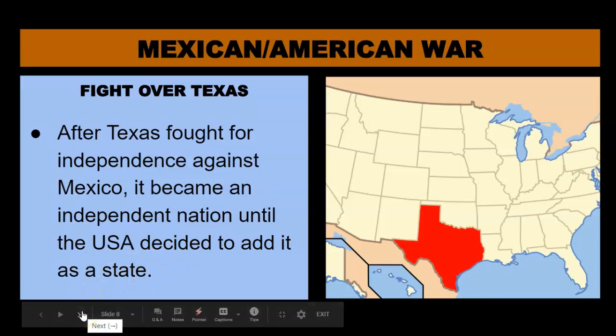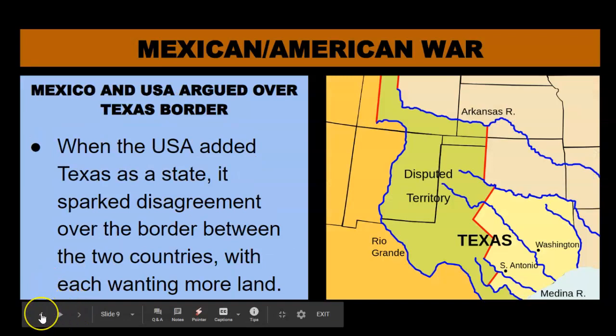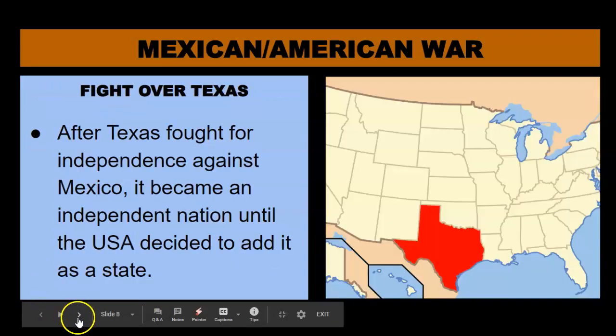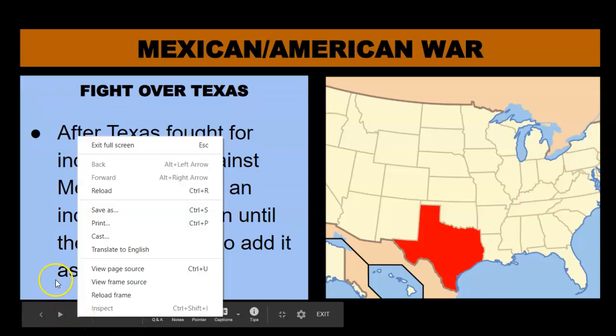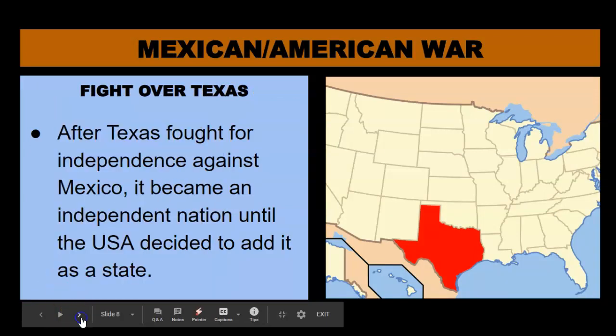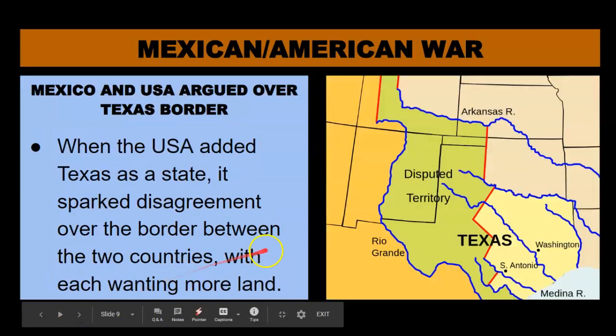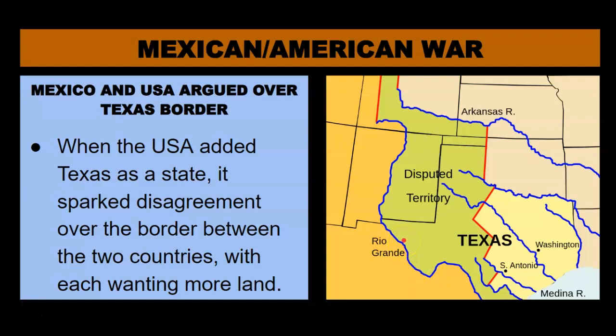When it was added as a state, the southern borders of what would become the state of Texas were not agreed upon by both the United States and Texas. So Texas was going to become part of the United States, and the southern border of Texas was going to become the border with Mexico.